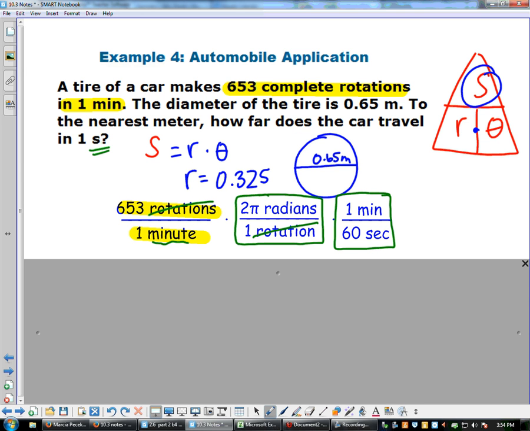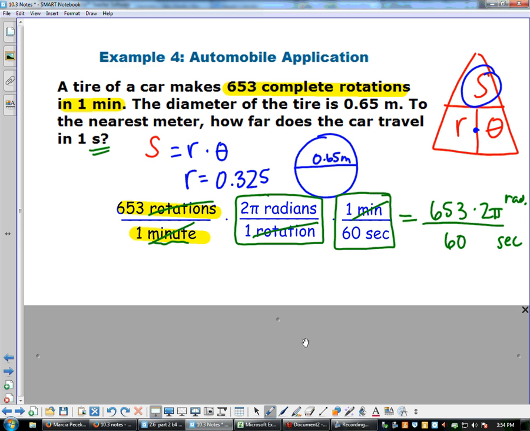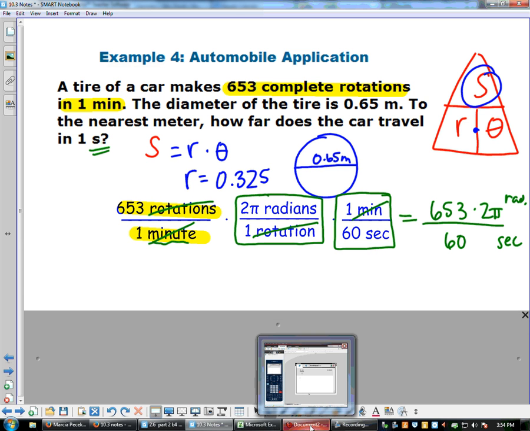I'll put minutes in the numerator so that those cancel out. I'm left with radians per second, which gives us our angle measure, how fast this angle was moving. If I multiply this across, I end up with 653 times 2 pi, all divided by 60, and my units are radians per second. That would be my angle measure in this case. Let's find out what that's equal to.